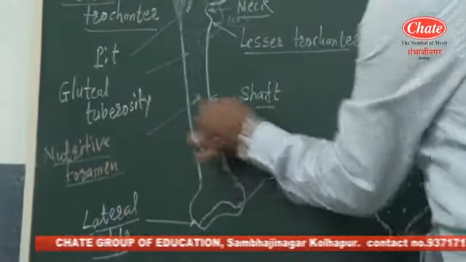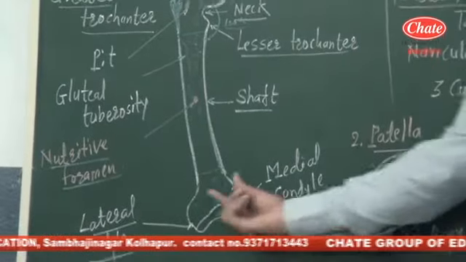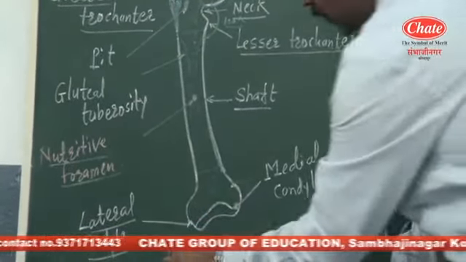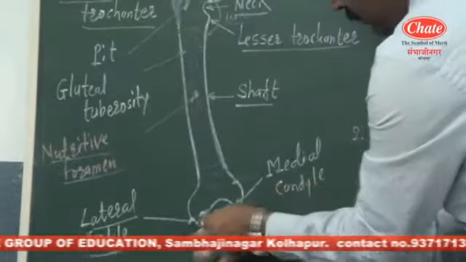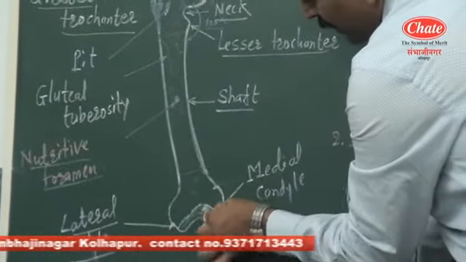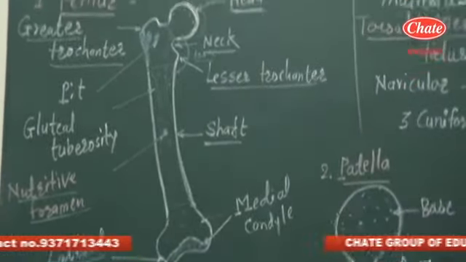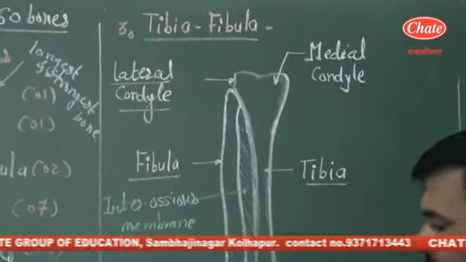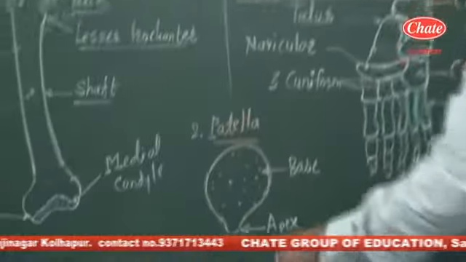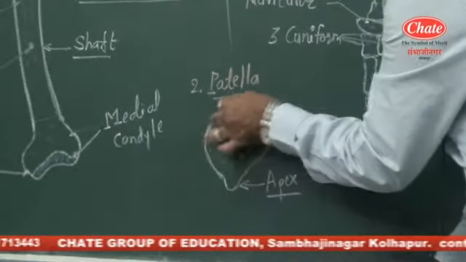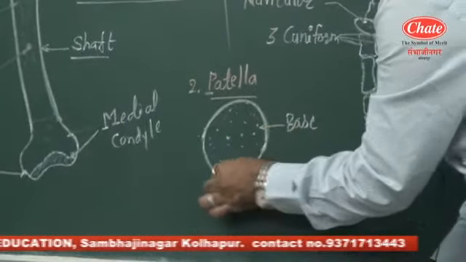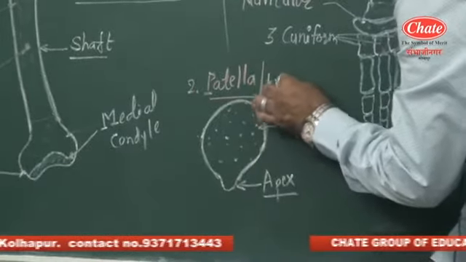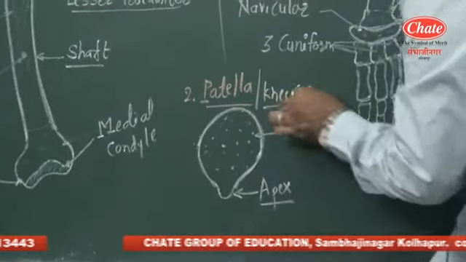So the nutrient foramen is present at the center of the shaft, while the posterior region has two processes, the lateral condyle and medial condyle. These lateral and medial condyles articulate with the lateral and medial condyles of the tibia, and both structures are supported by a bone termed the patella. Patella, it is also termed the kneecap.